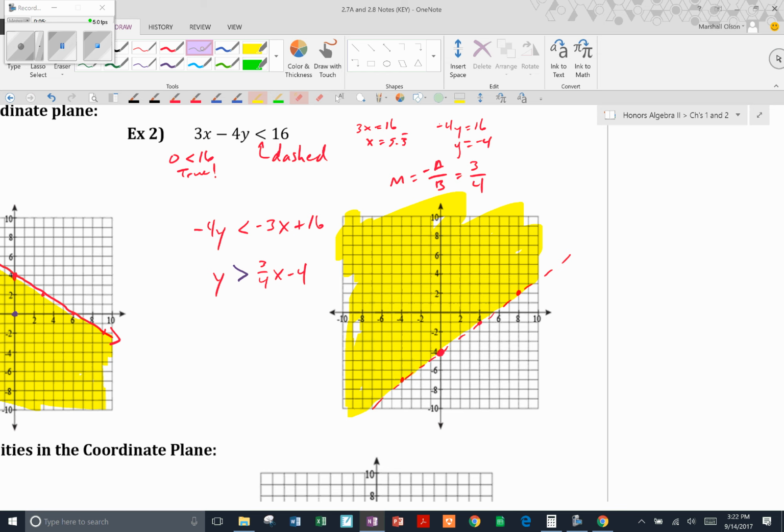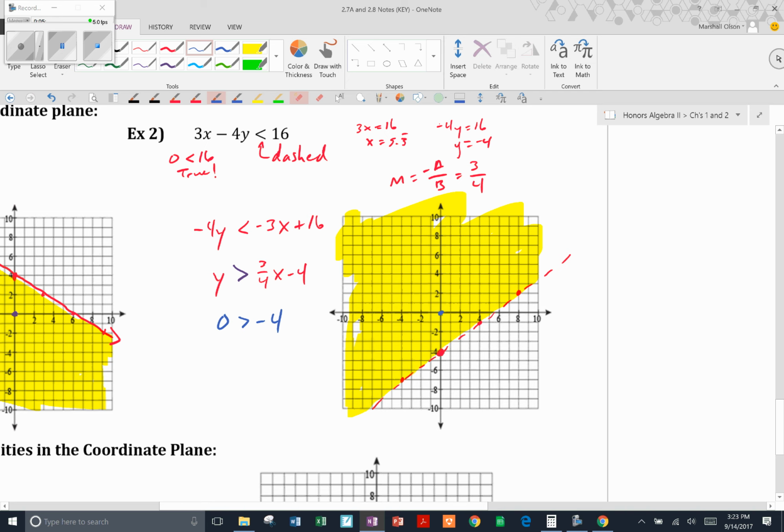If we were to use the second inequality that we got and put in 0, 0, we would have 0 is less than negative 4 if we tested 0, 0, using this other form of the same inequality. Well, that is 0 is greater than negative 4. I think I said less than. 0 is greater than negative 4 is true, and that is going to give us the same result.